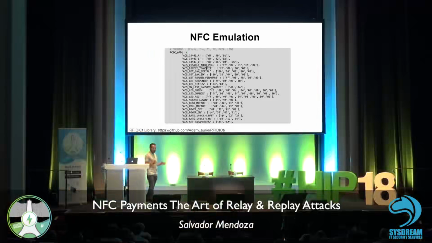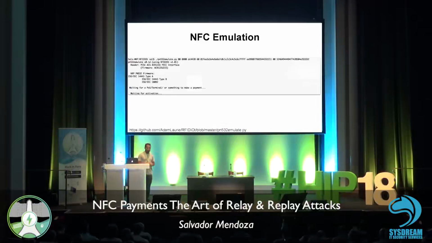There are many different commands to do that, but Adam Laurie designed this library, which has all the commands that you need to make this simulation very easily. It even has an example of emulation implementing the PN532 using the ACR122U, which is very easy to implement in different applications.